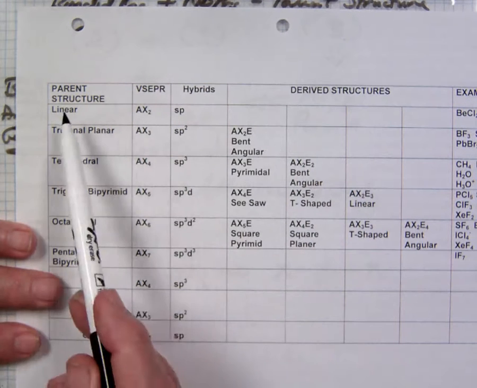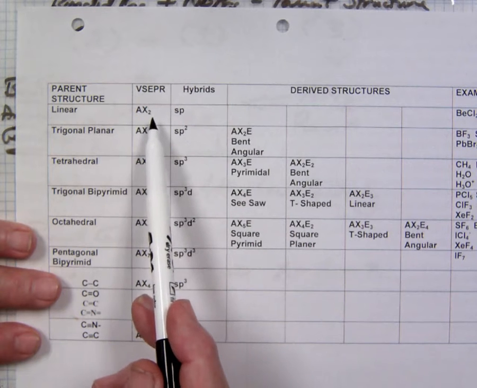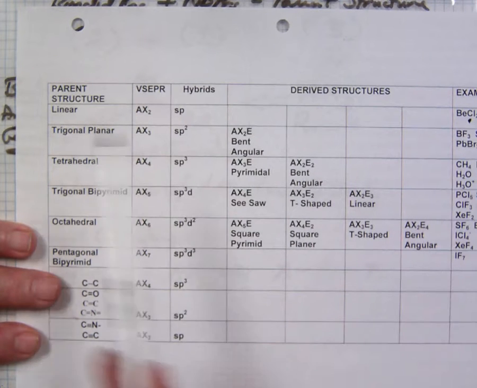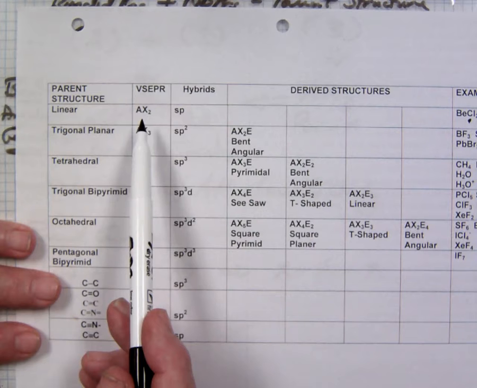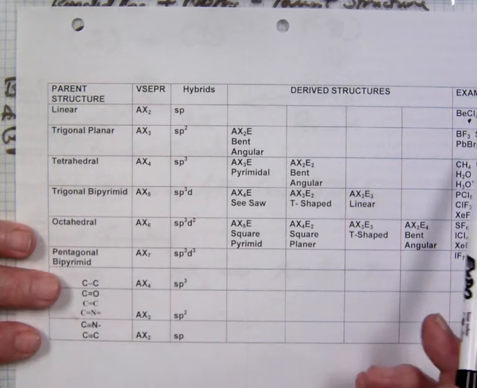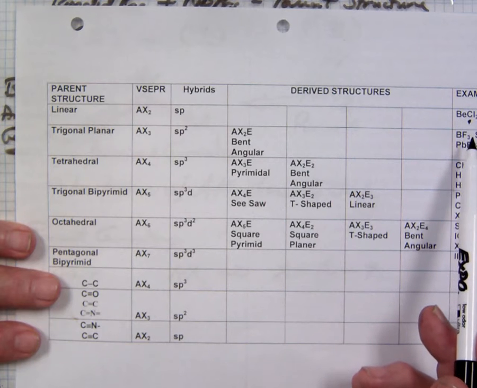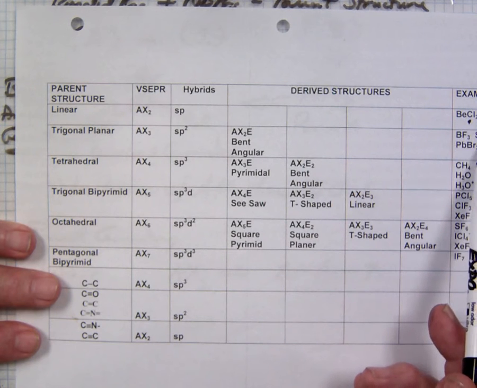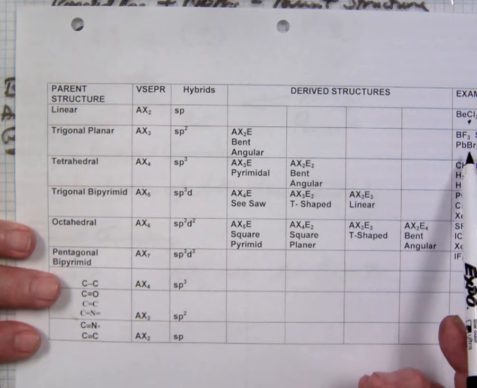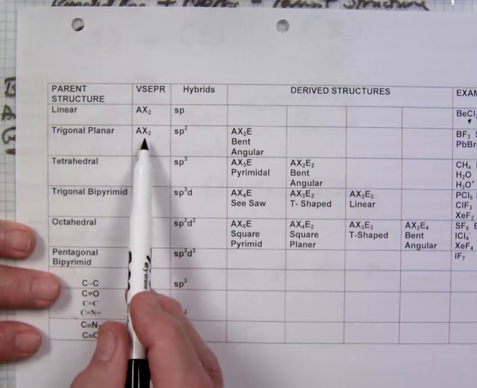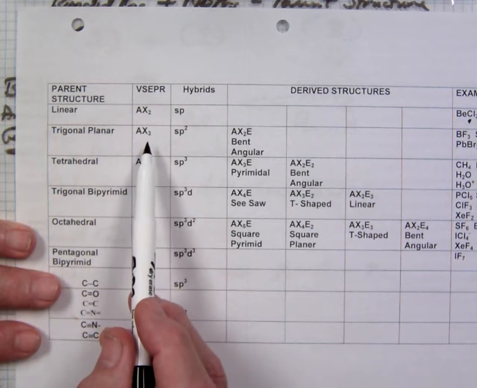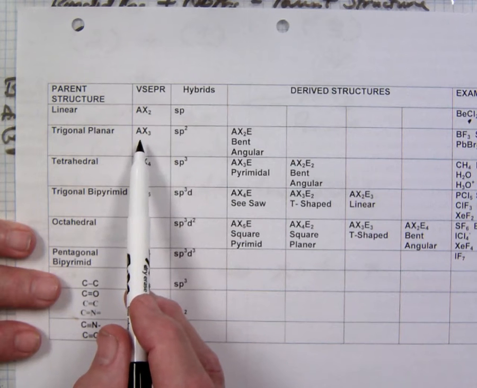In the beryllium dichloride that we did a few minutes ago, that's as far as you can go with an AX2. But an AX3, here we've got beryllium trifluoride, or boron trifluoride, or boron trihydride. Here's a bent angular. Here's another bent angular, because one of the electron pairs in here is a non-bonded pair.